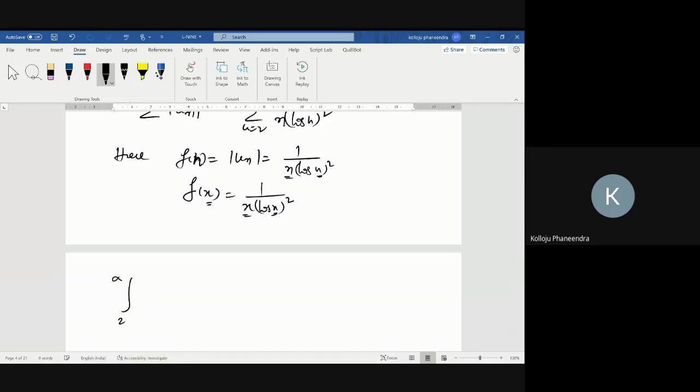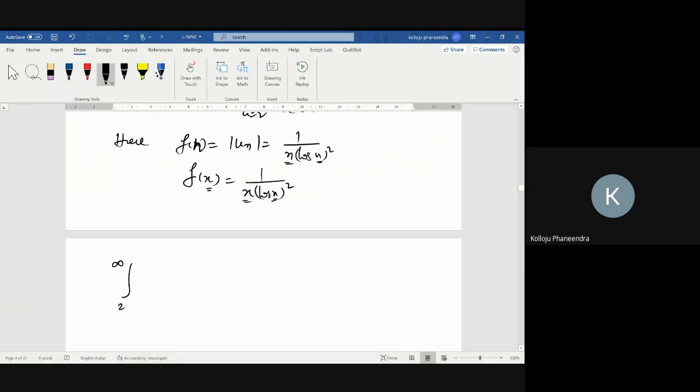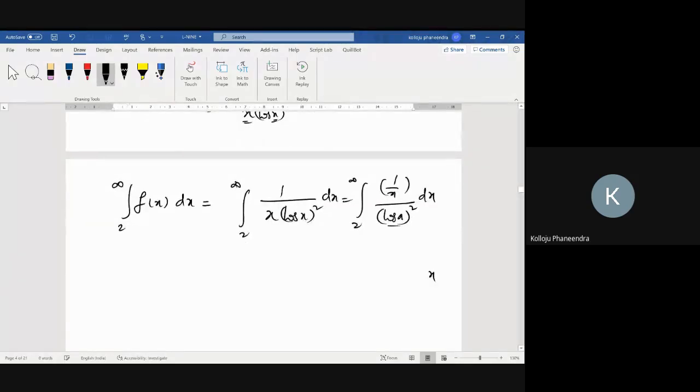Therefore, since n rises from 2 to infinity, the limits are 2 to infinity. Integral of f of x dx equals integral from 2 to infinity of 1 by x log x square dx. So I can write this as 1 over x by log x whole square dx. Now the derivative of log x, 1 by x, is there. Therefore, this is log x whole power minus 2 plus 1 by minus 2 plus 1, between 2 to infinity.